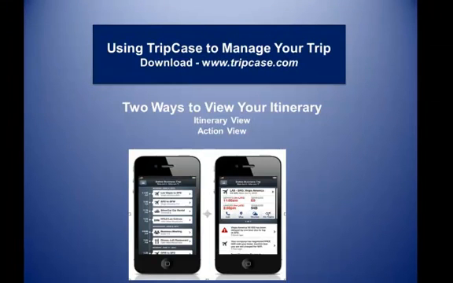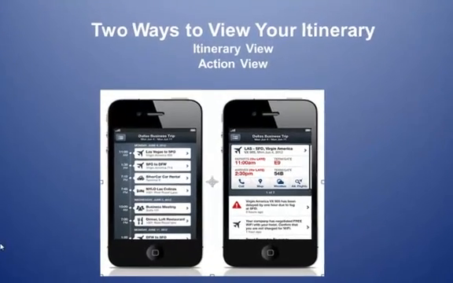Managing your trips with TripCase.com is the best way that we believe of managing your trips. Automatic flight changes, gate changes, and an itinerary at a glance are available on your smartphone or your desktop. You can look at it as an action view or the itinerary view and click on any of those.